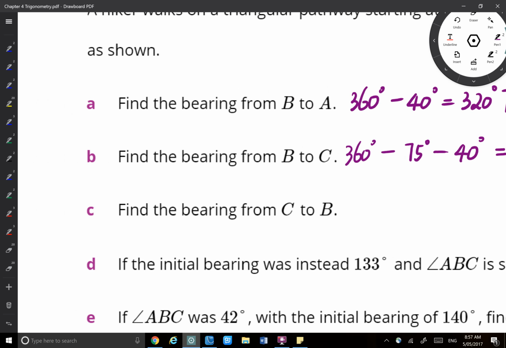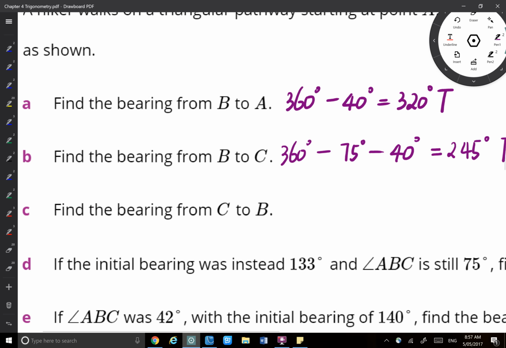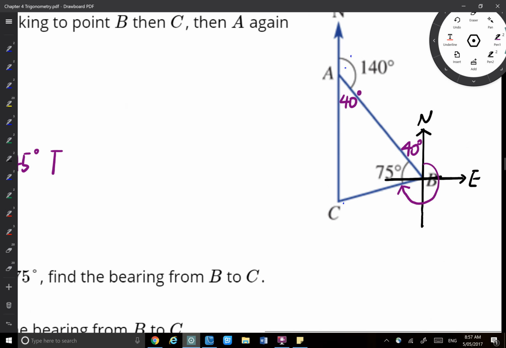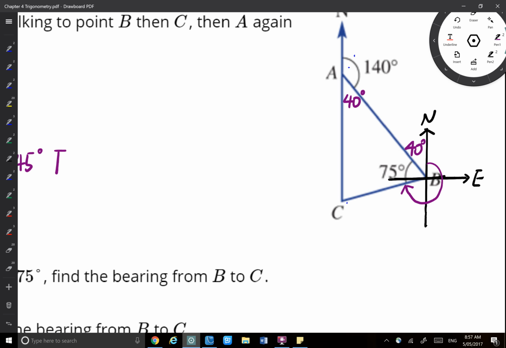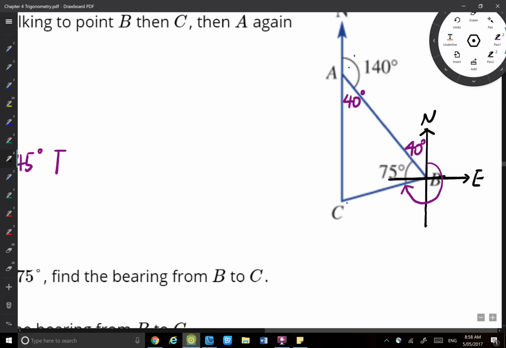And the next one is find the bearing from C to B. If I draw the compass at C, that is already the vertical, north.